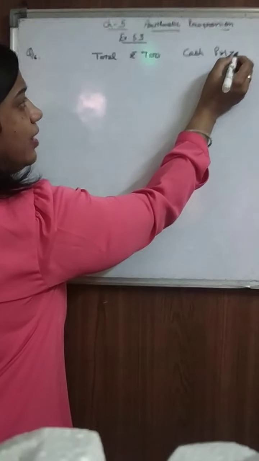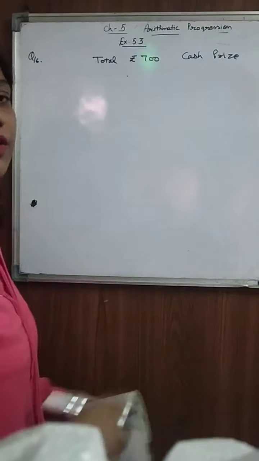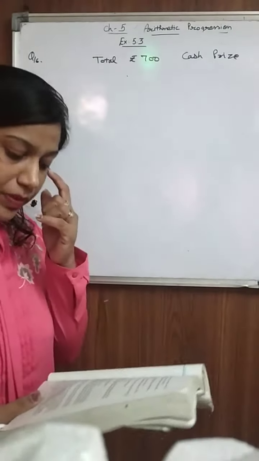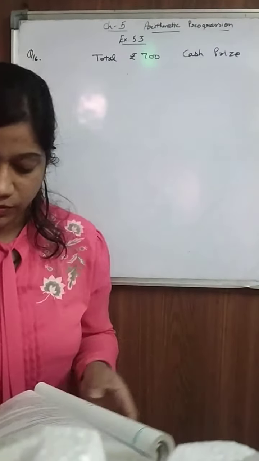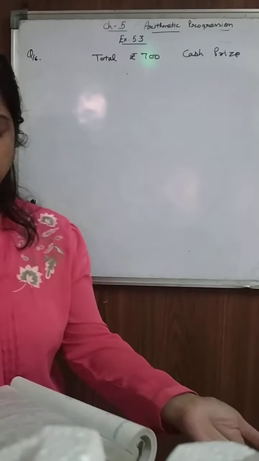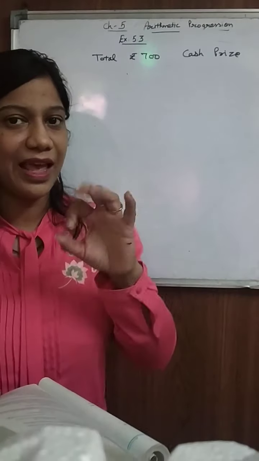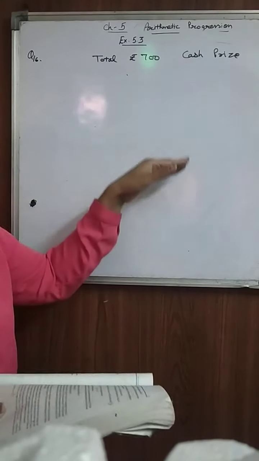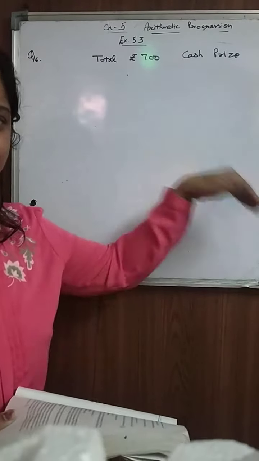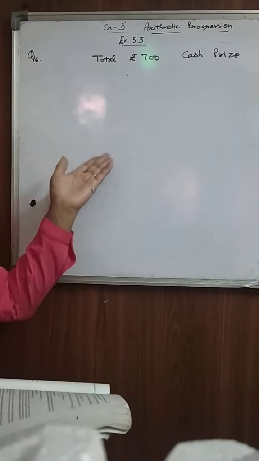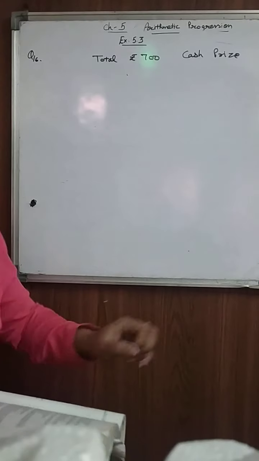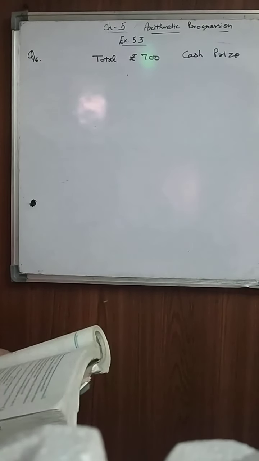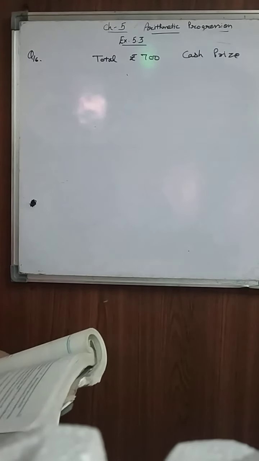So how is this 700 rupees to be distributed if each prize is rupees 20 less than its preceding prize? It means if your first prize is 100, then the second prize is 80, which is 20 rupees less. Then the next is 60 and so on. So find the value of each of the prizes.